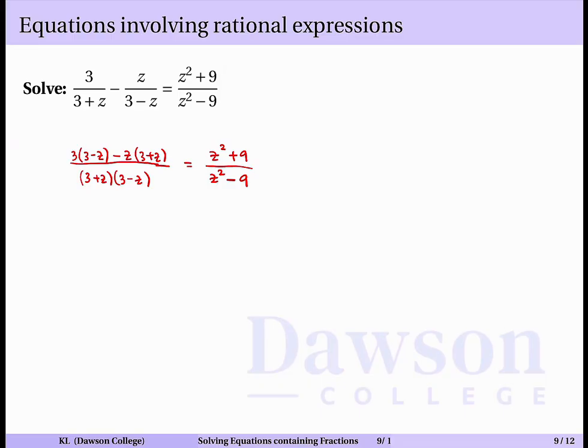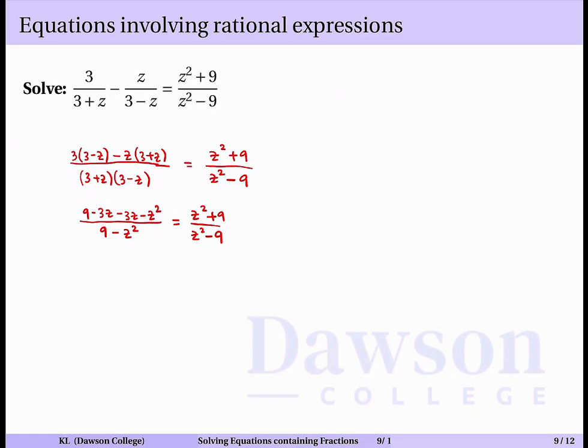Now, for this denominator, if we do the multiplication, the denominator will be 9 minus z squared. In the numerator, you will have 9 minus 3z minus 3z minus z squared, equals z squared plus 9 over z squared minus 9.